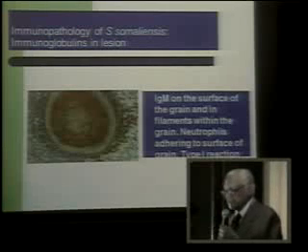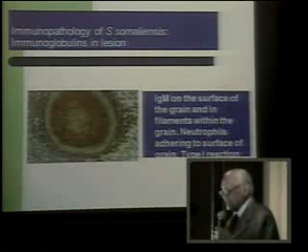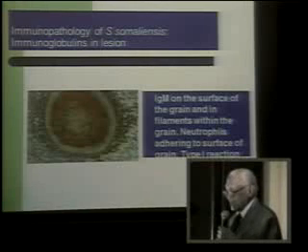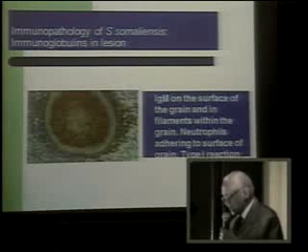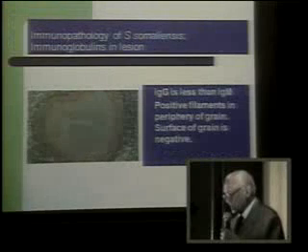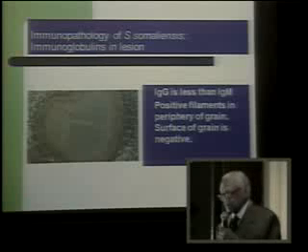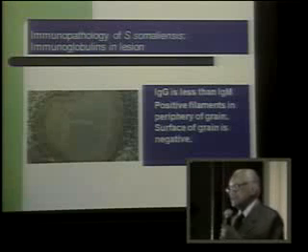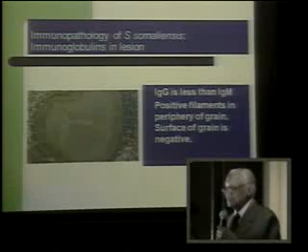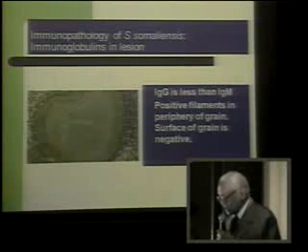And here is IgM on the surface of the grain, and in filaments within the grain, with neutrophils adhering to the surface of the grain in type 1 reaction. And this is IgG, which is less than IgA positivity. I must say the same immunoglobulins are found in Mycetomatis.